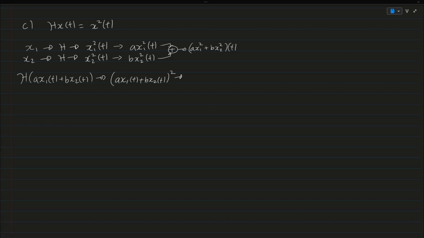And this gives us a squared x1 squared t plus b squared x2 squared t plus 2ab x1 x2 t. So we could see that equation 1 and equation 2 are not the same.